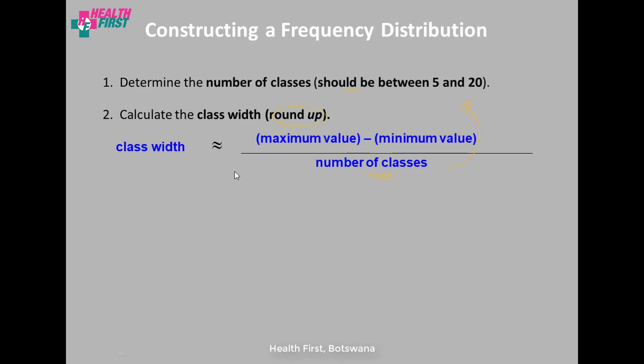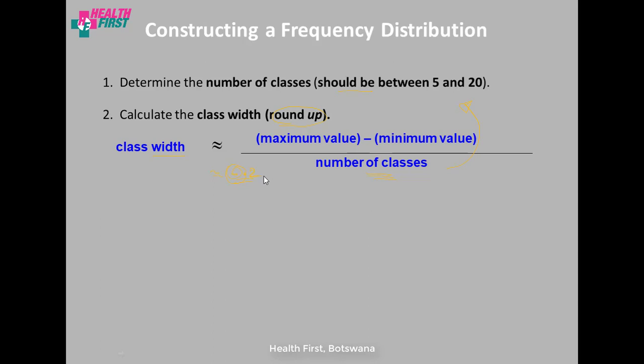So whatever number you get, let's suppose you get something like 6.2, you round this up, right? This is counterintuitive because a number like 6.2 would, by the rules of mathematics, be rounded down to 6. But here we are dealing with the class width, right? So what this is telling us is the class width is 6 with a 0.2.